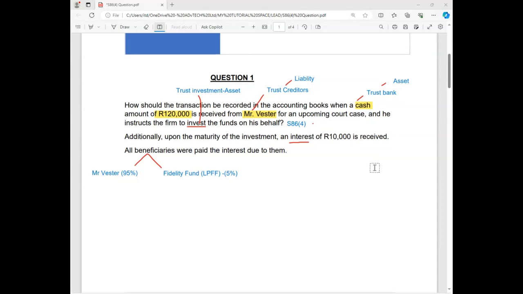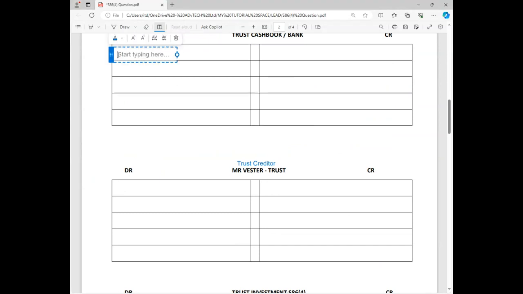I hope you understand. So I'm going to come here to the debit side. Okay, I'm going to put an amount of how much? Of 120. So I'm just going to say this T will stand for trust. Okay, so I just write T for trust. Even if you don't write it, as long as you came to the correct side, this will be regarded as correct.